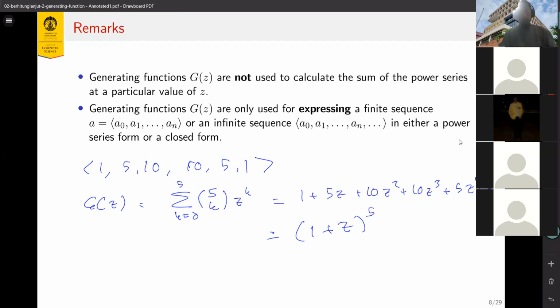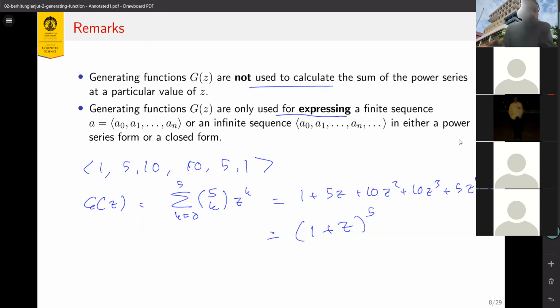Okay. Now, so these are the finite sequences which are rather interesting. Now, remember that we do not use generating functions to calculate the sum of the series. We do not use that to calculate, but rather we use it only for expressing the finite or infinite sequence, right?